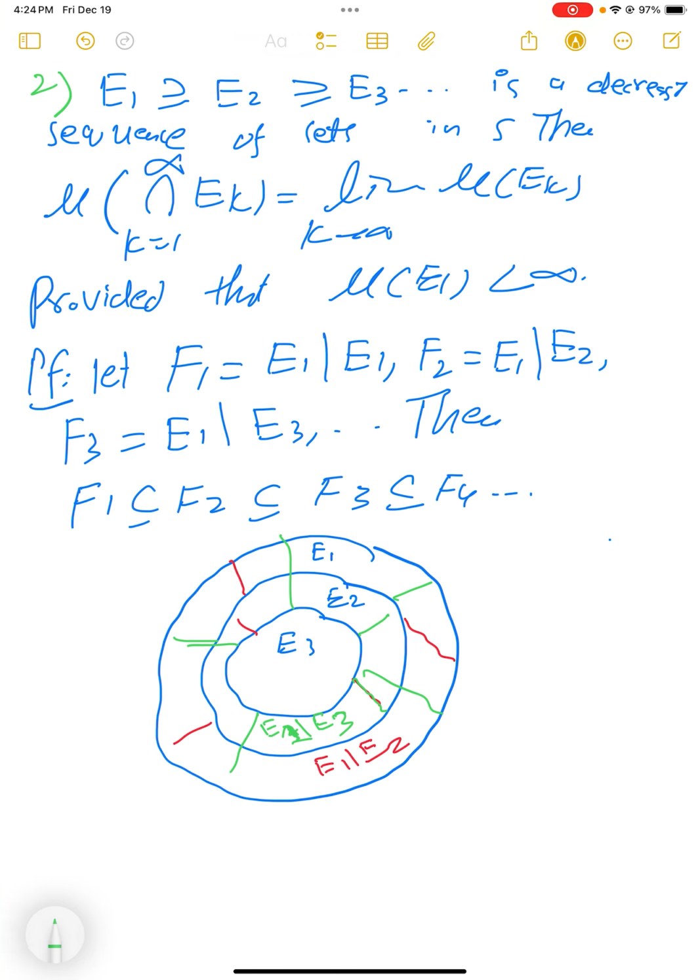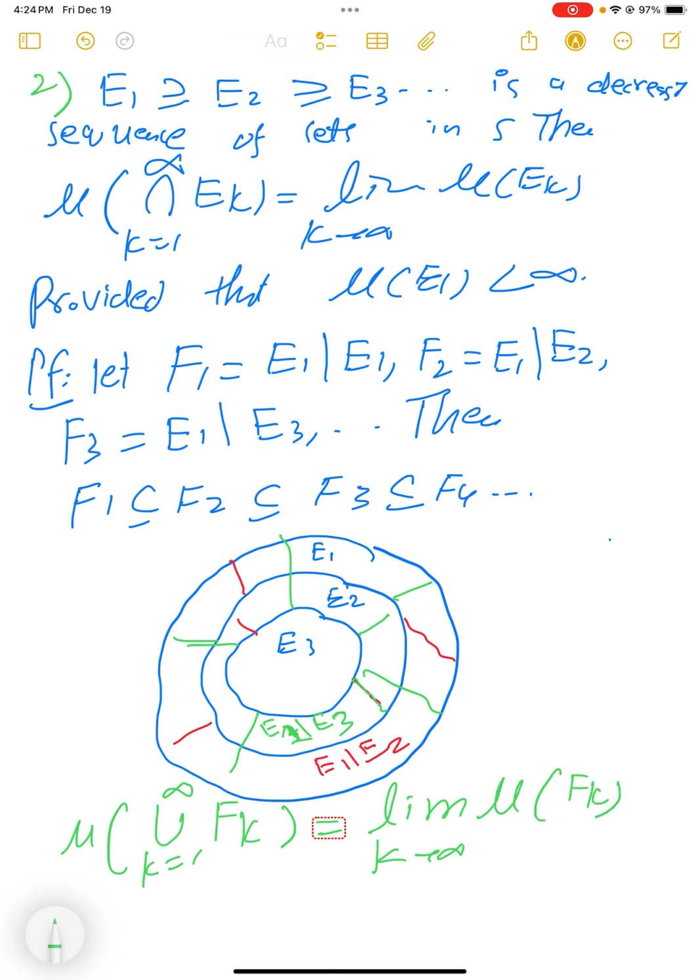Now, since we have an increasing sequence of sets, the previous theorem says that the measure of the union over k from 1 to infinity of Fk is the limit as k approaches infinity of the measure of Fk.